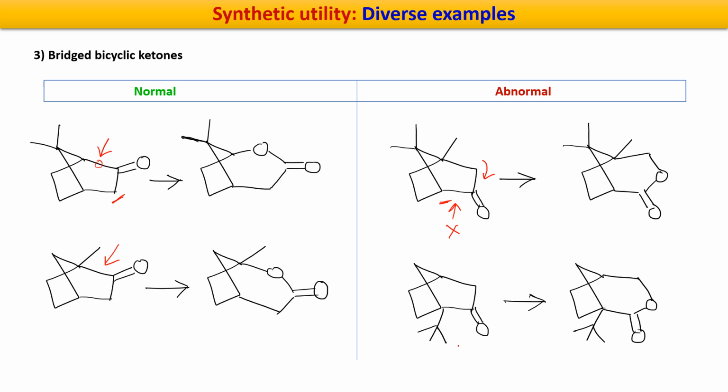Now in the second example, here we have a CH2 group on this side and here we have 3 degree. The normal expectation is that oxygen will be inserted here, but that is not happening because of this increased steric hindrance at this part. So these are the reasons why we sometimes get abnormal products from bridged bicyclic ketones.